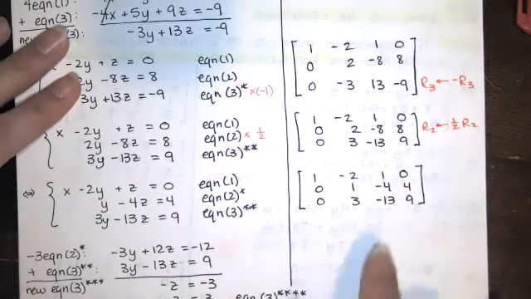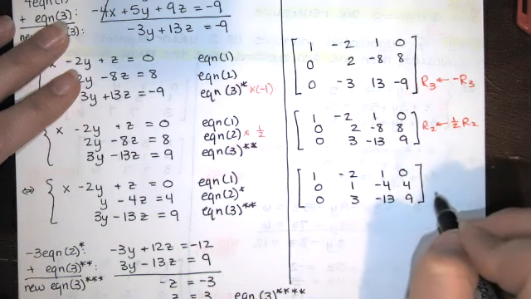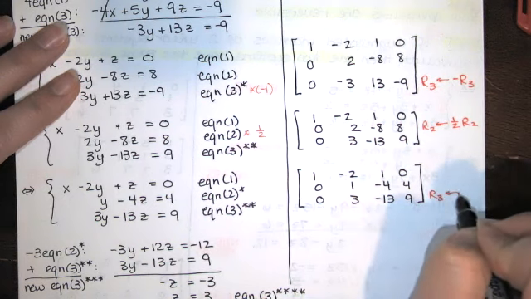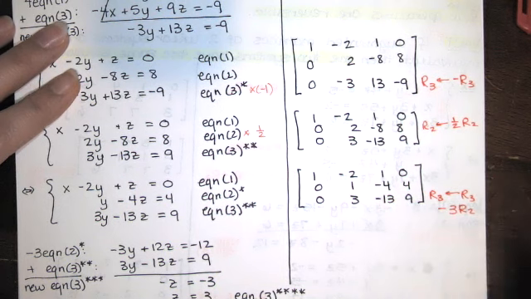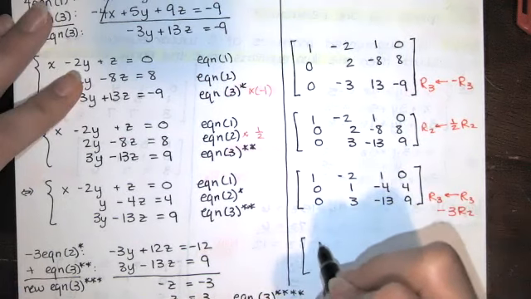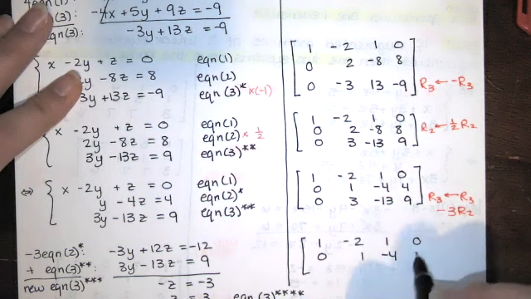And then we're here. And then I said to myself, I really want to get rid of that 3. So let's replace row 3 with row 3 minus 3 times row 2. So we leave row 1 alone. We leave row 2 alone.